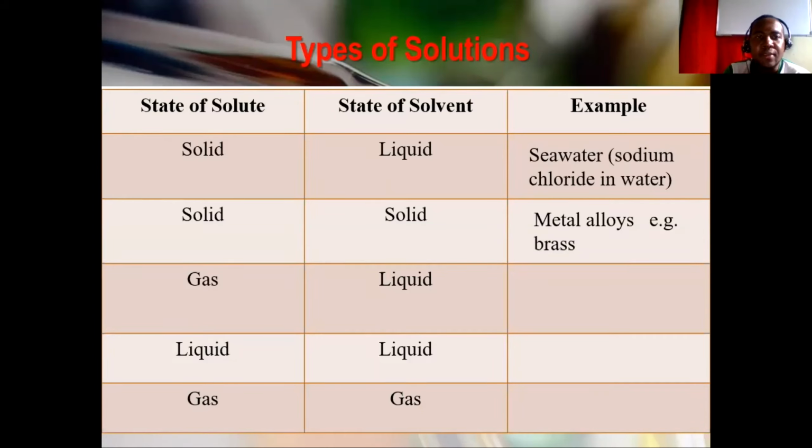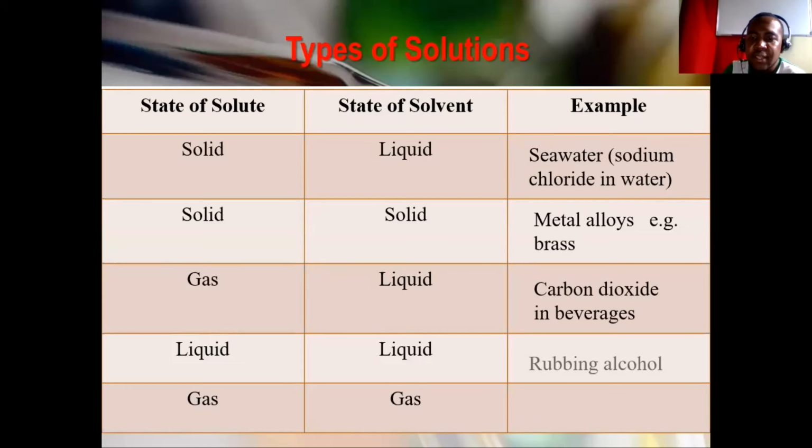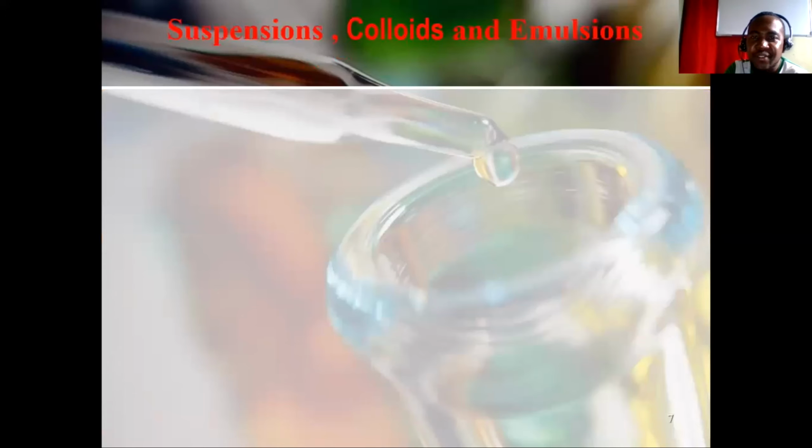If the solute is a gas and the solvent is a liquid, an example would be carbon dioxide in our sodas. The carbon dioxide is your gas, and the soda is the liquid. Then there are liquid and liquid mixtures, like alcohol and water. And gases in gases are like air, because we know air is made up of different gases, and we obviously are not able to see the different gas particles separately.